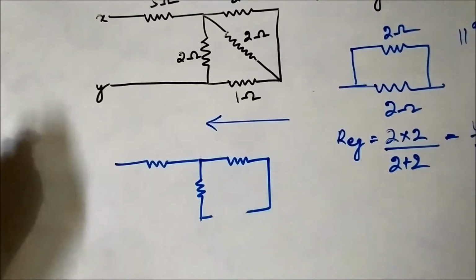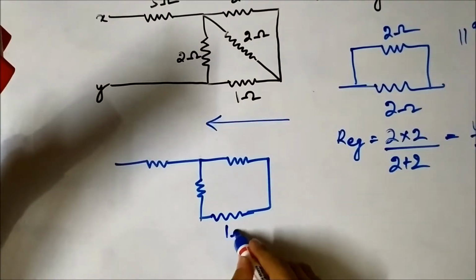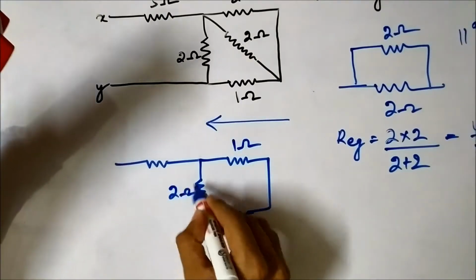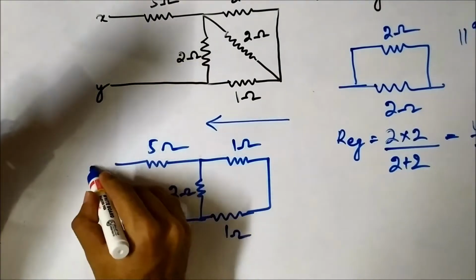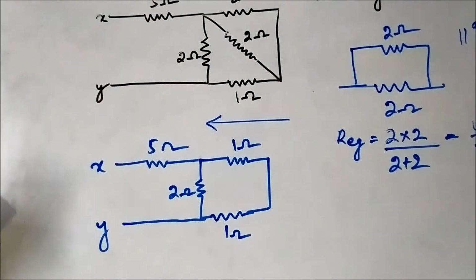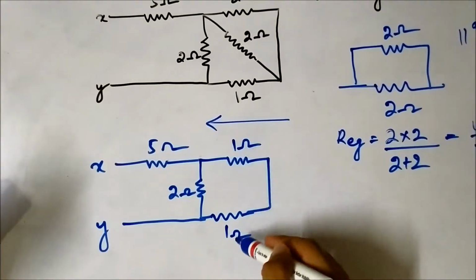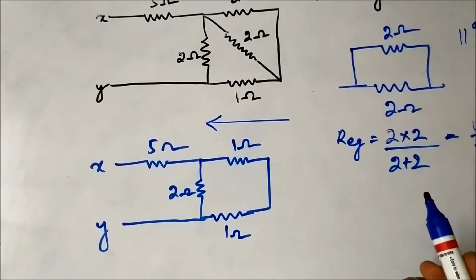Sorry, there is another resistor here, 1 ohm, this is 1 ohm, this is 2 ohm, this is 5 ohm, x and y. Now these two 1 ohm and 1 ohm resistors are in series.